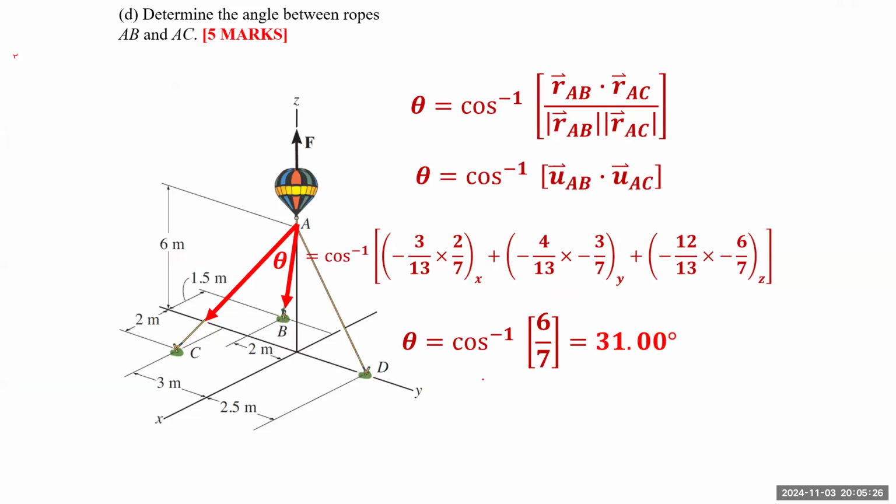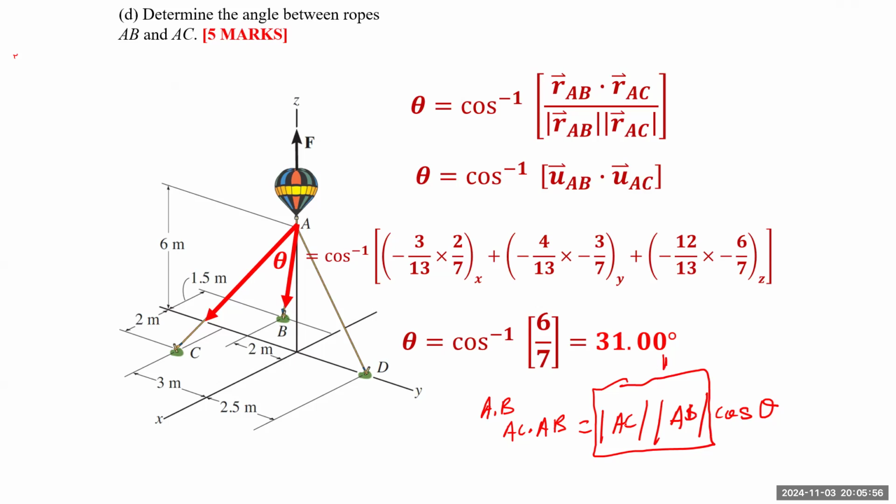So here you would get A dot B. In this case, it would be AC dot AB equals the modulus of AC times the modulus of AB times cos of the angle between them. But in this case, you have unit vectors, so the modulus of AC is 1 and the modulus of AB is 1.